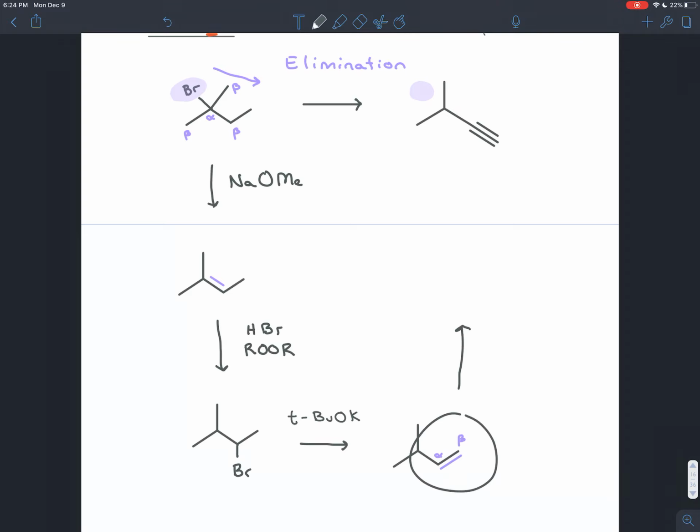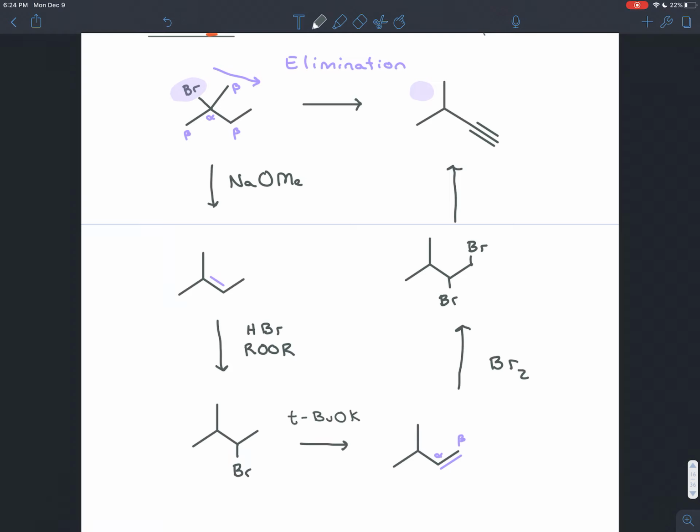So you add two leaving groups onto the alkene. You brominate it, Br2. The bromines add anti to each other, and then you just eliminate those.